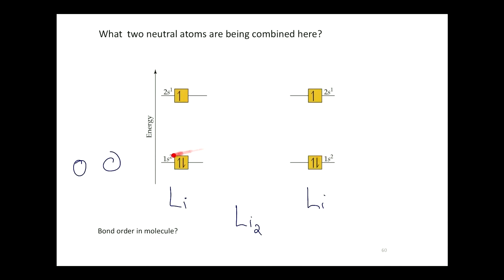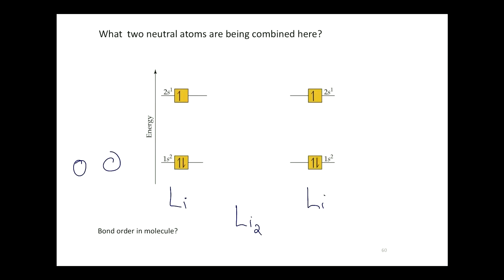If I combine 2 atomic orbitals, how many molecular orbitals do I get out? Do you remember from hybrid orbital theory? The number of atomic orbitals equals the number of hybrid orbitals you get out. It's the same thing here. If you combine 2 atomic orbitals, you get 2 molecular orbitals out.